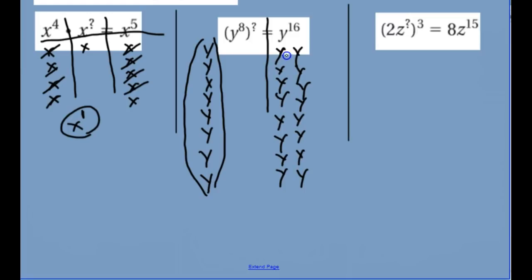So what we know here is that we have one group of 8 y's and two groups of 8 y's. Here we only have one group of 8 y's, so we need one more group of 8 y's. So the number that goes where our question mark is would be 2, because we need two groups of 8 y's.